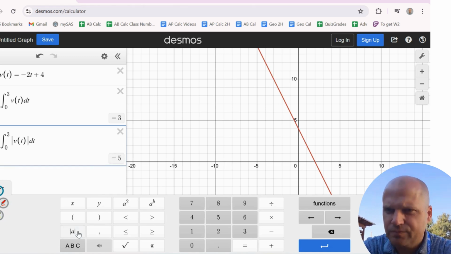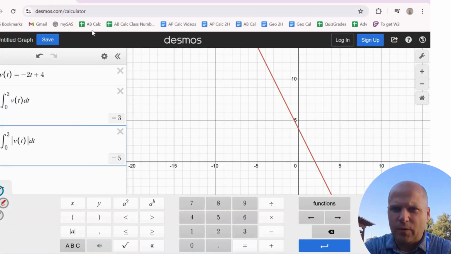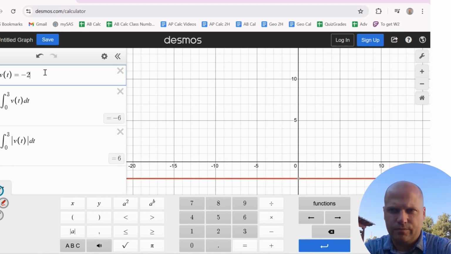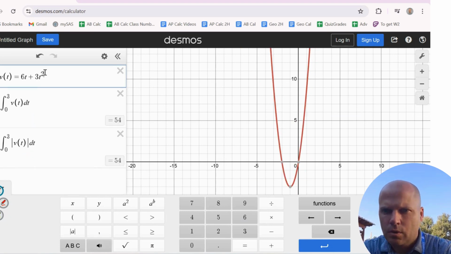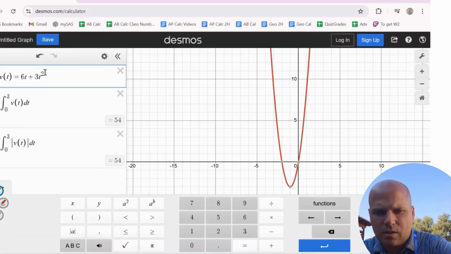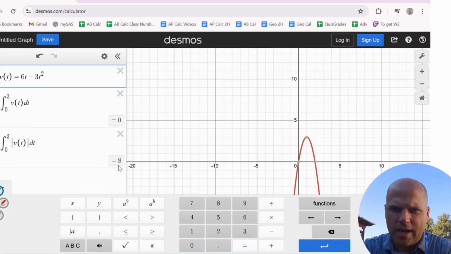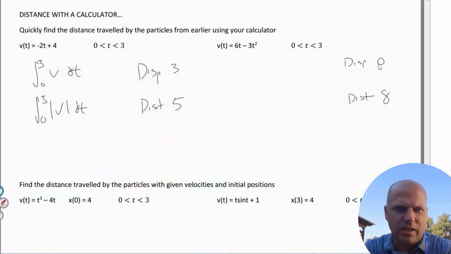There, 5. Then, boom, what if it was 6t plus 3t squared? Minus 0, 8. Just like I expected, 0, 8.